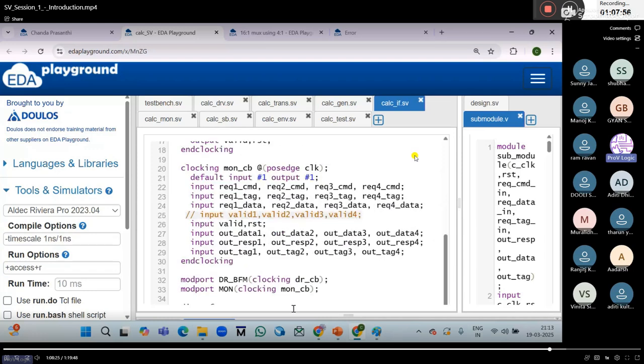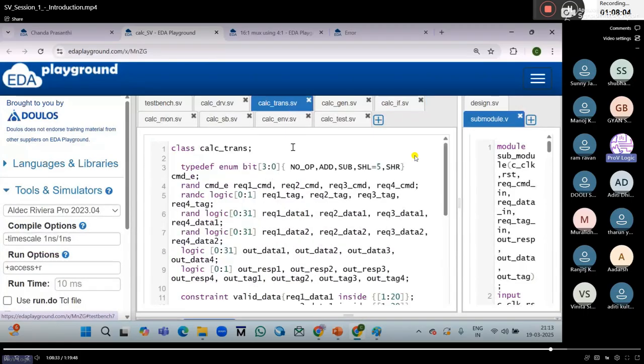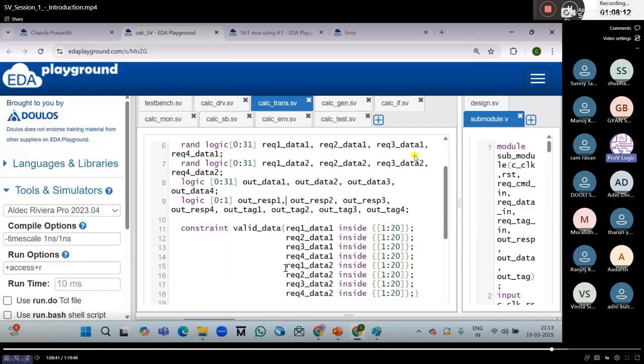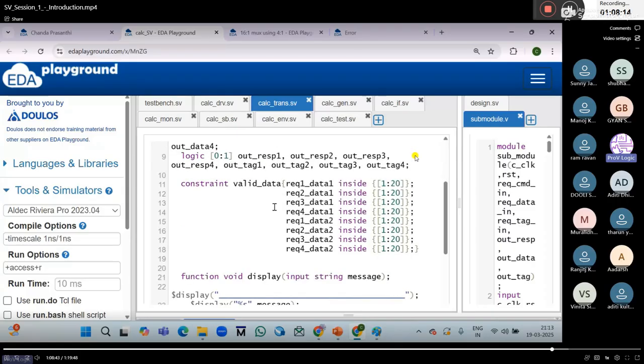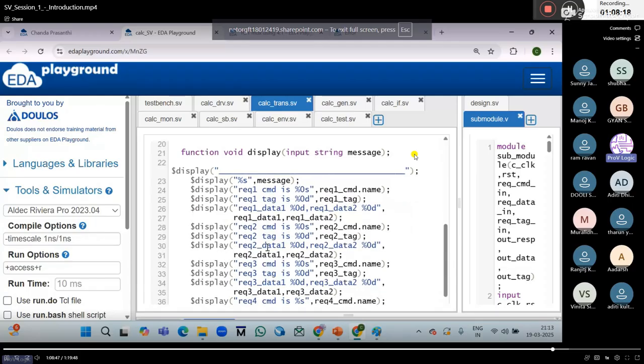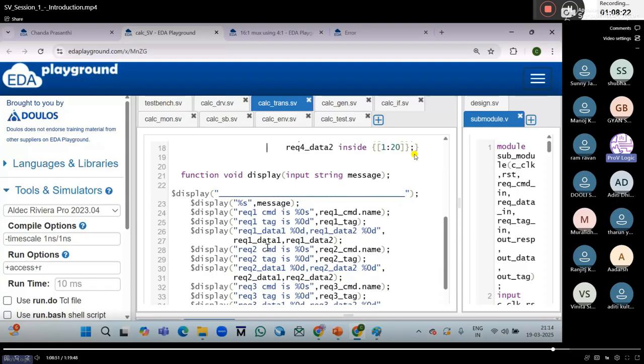After creating the interface, we need to create the transaction class, calci_trans.sv. The transaction is also a class. We need to declare all inputs and outputs, and we need to write the constraint. This code is like a project level. Don't think it's a very complex program.